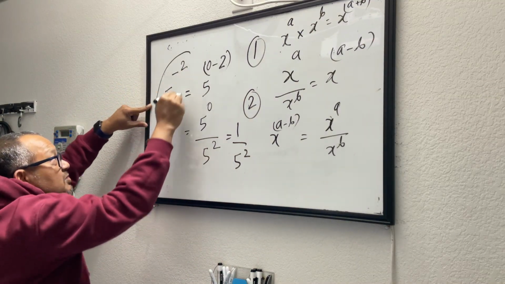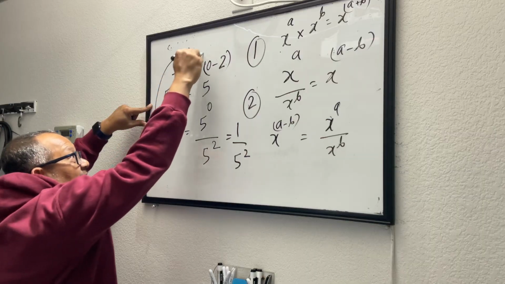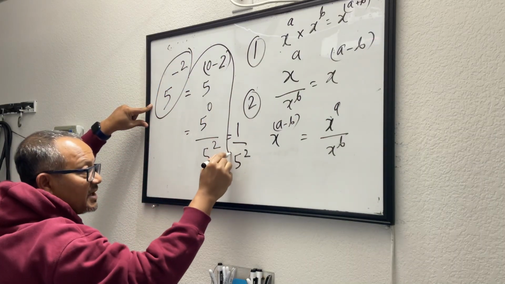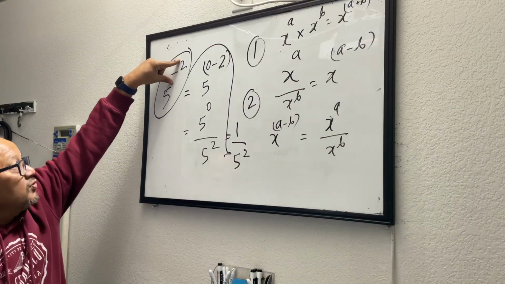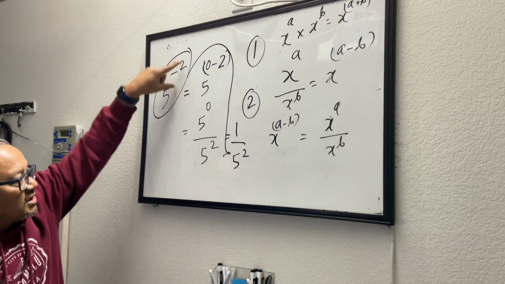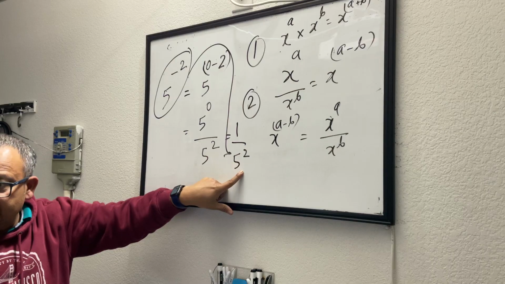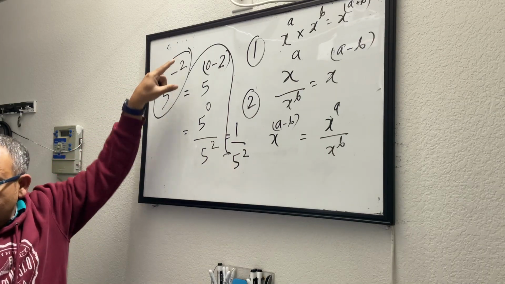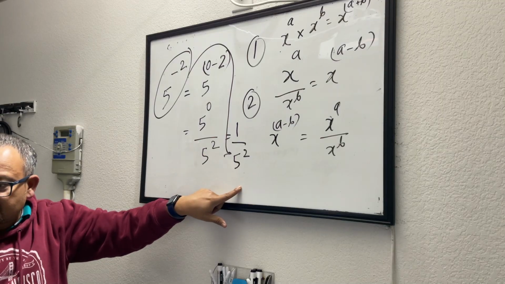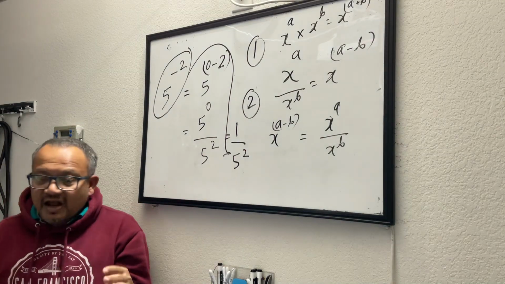You had something to the power minus 2 that became this. So this thing moved from numerator to denominator, and the power of this changed from minus 2 to plus 2. So this is how it travels.